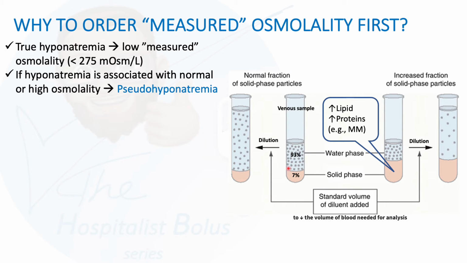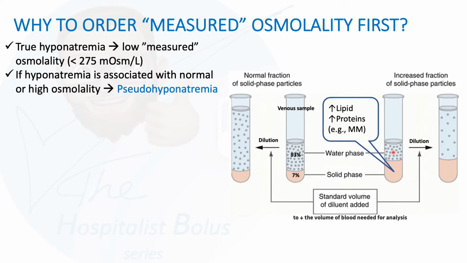This is, in my understanding, how most labs do it. So in patients with increased lipids or increased proteins, like in patients with multiple myeloma, these are the conditions usually associated with pseudohyponatremia. Because of the presence of these high lipids or high proteins, the solid phase is actually much higher compared to normal, let's say 15, 20, 25%, depending on the severity of the condition.